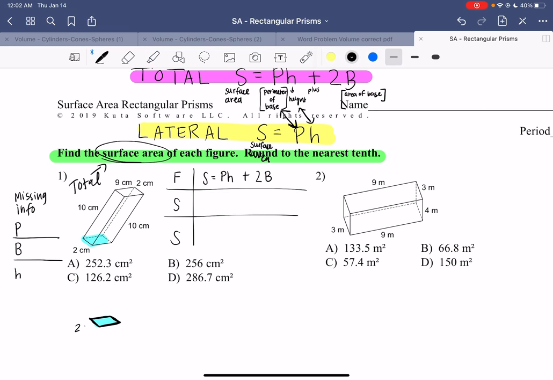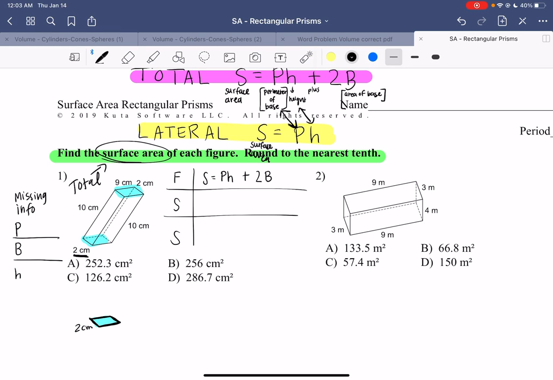So we're going to have 2 centimeters. We can see that right here, 2 centimeters. So this one's going to be 2. Then the other value that we need is not going to be 10, but we can look up at this top one. So we notice we have 2 bases. I have this blue one up here, and we can observe that this line that I have in red here is 9 centimeters.